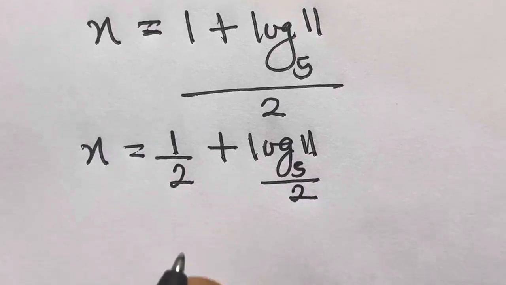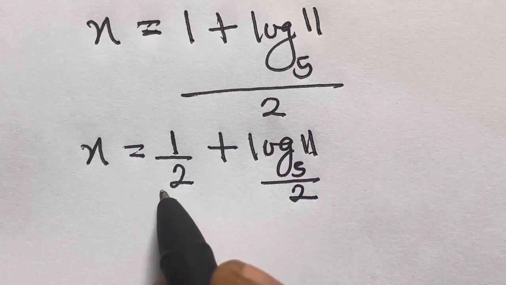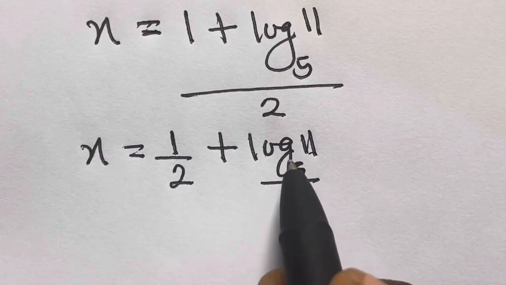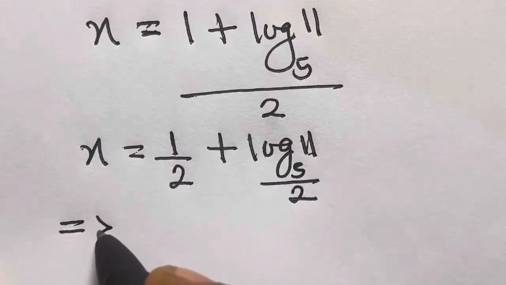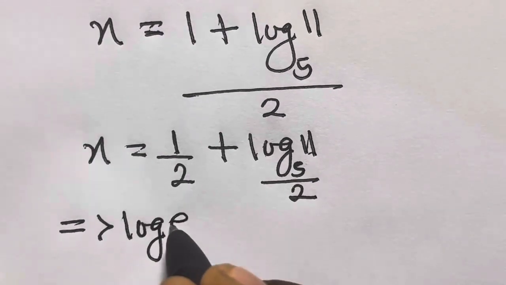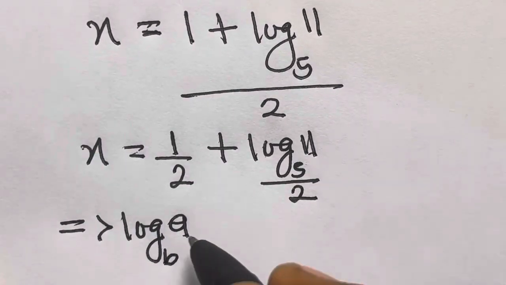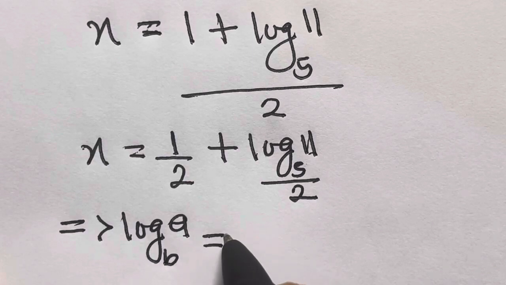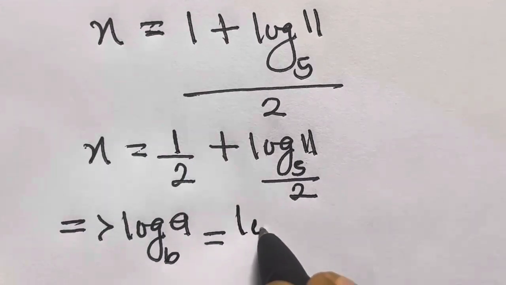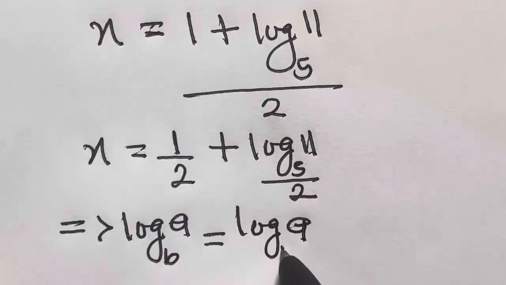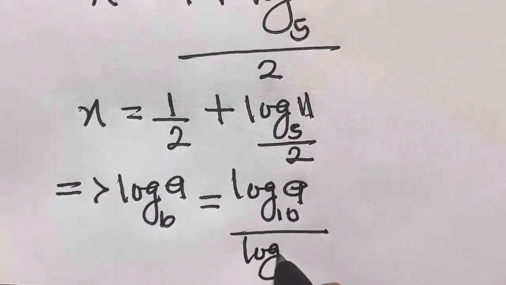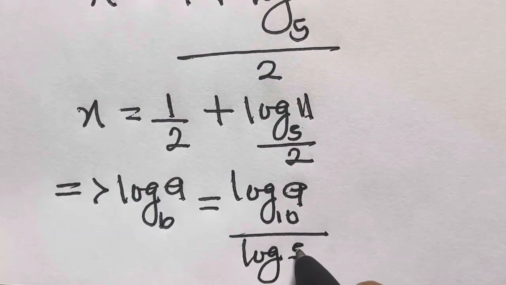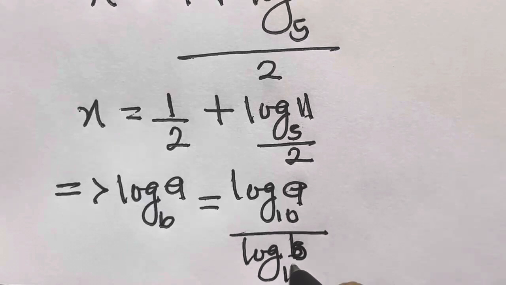And we have to do something here. By applying the change of base to base 10, note that if you have log a in base b, and we want to change this to another base, perhaps base 10, this becomes log a in base 10 divided by log b in base 10.